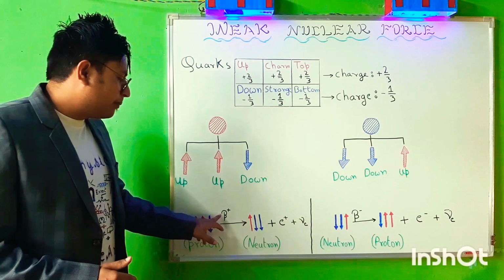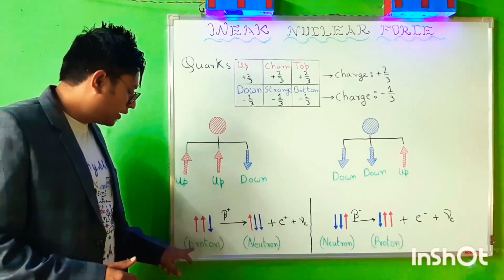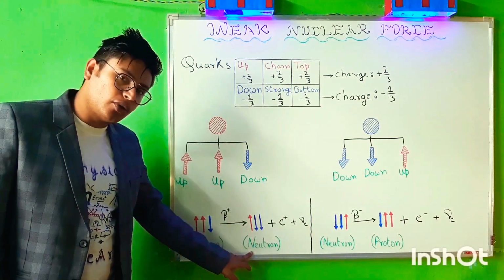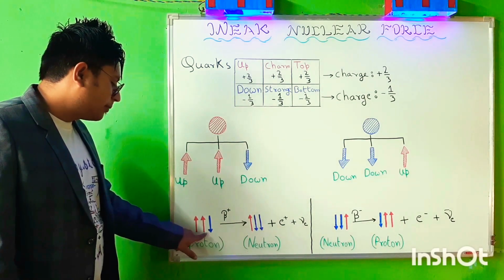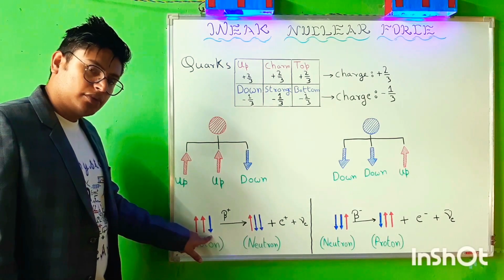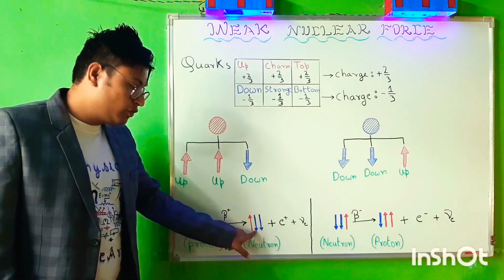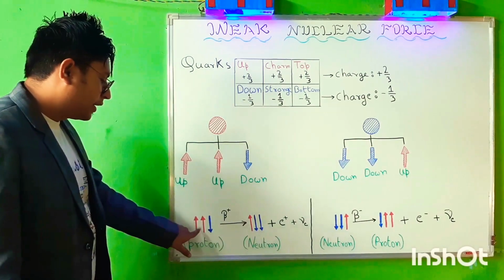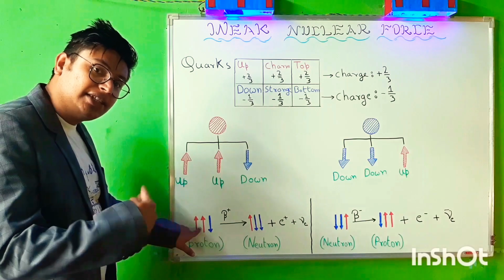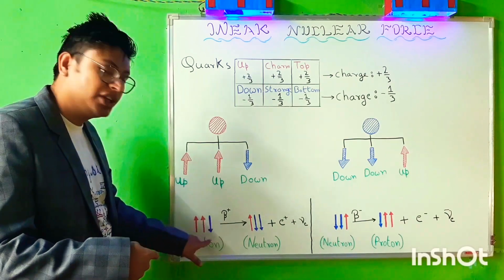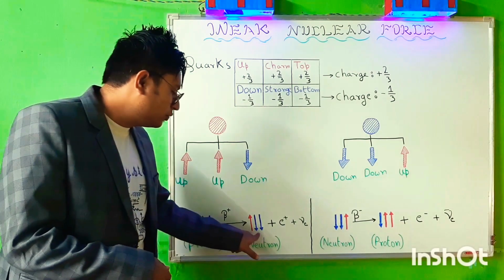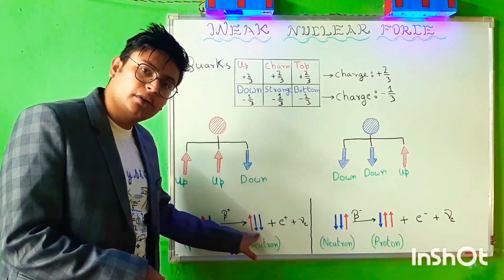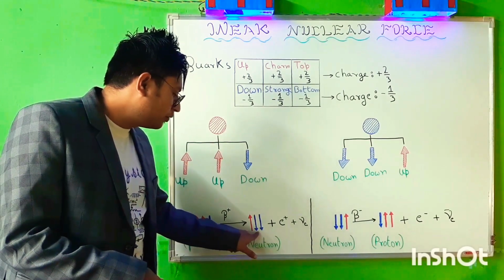In the case of beta plus, we know that a proton is going to change into a neutron. So a proton has 2 up, 1 down, and a neutron has 2 down quarks. Therefore, there has to be 1 up quark that has changed during the beta plus decay. 1 up quark is changing into 1 down quark, making it up, down, down.